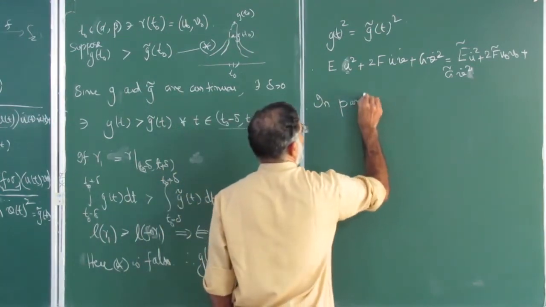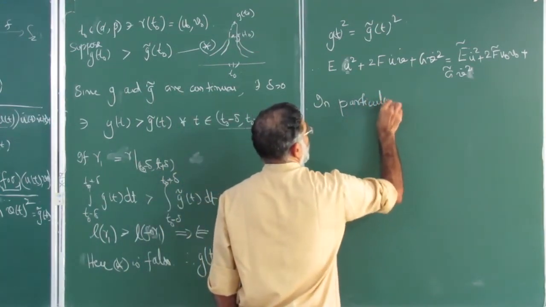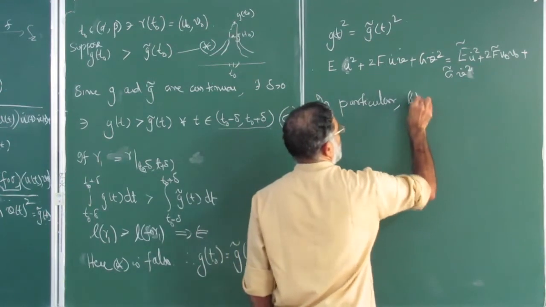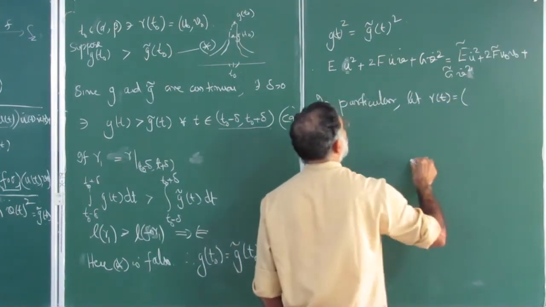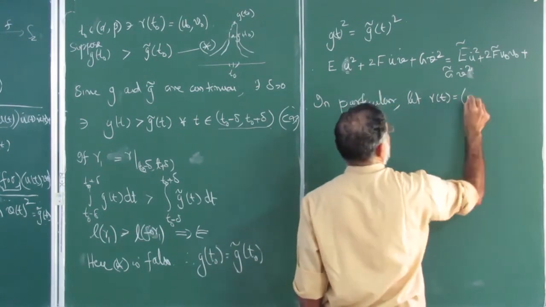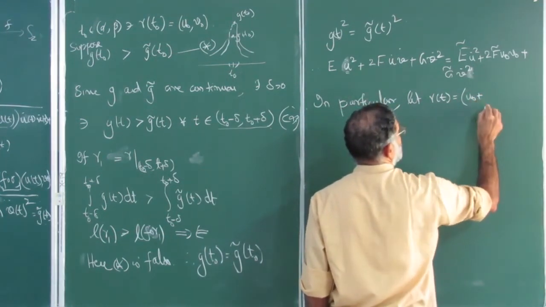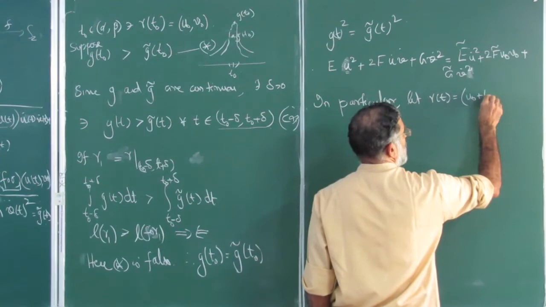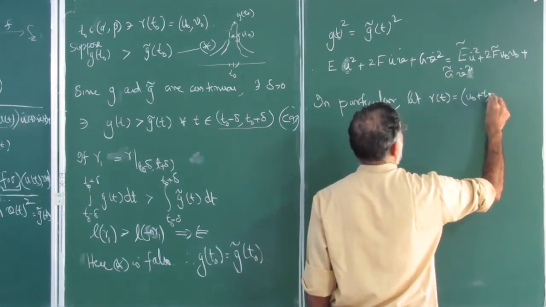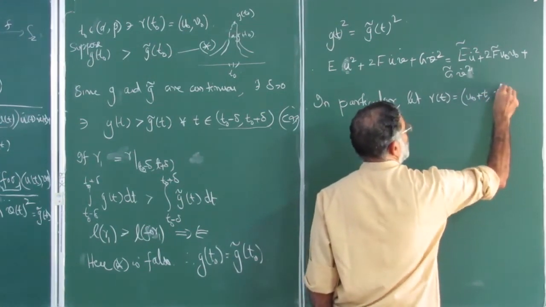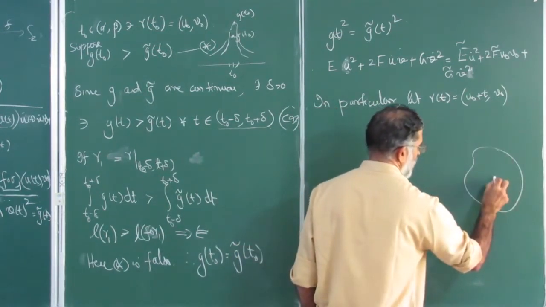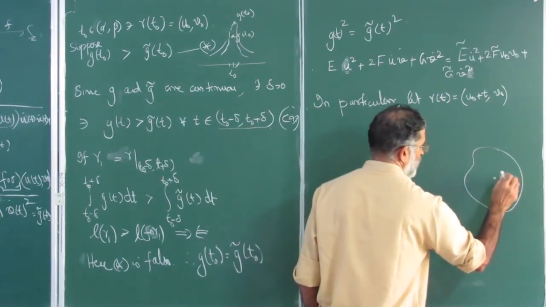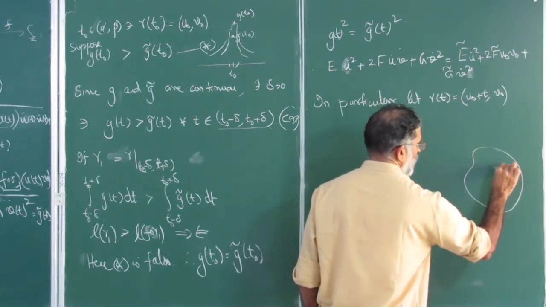In particular, let γ(t) be equal to (u0 + t, v0). Let me draw that picture clearly. This is your u0, v0.